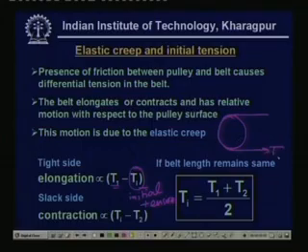Initial tension Ti is very much required, otherwise you cannot keep the belt in position at the very beginning. You have to put some amount of initial tension so that a friction grip is there at the initiation.